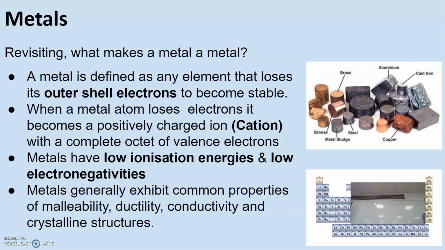It's the 3D structure. A word maybe starting with R: recurring or regular arrangement is what crystalline means. So something which is a crystal is something that has a regular structure to it.